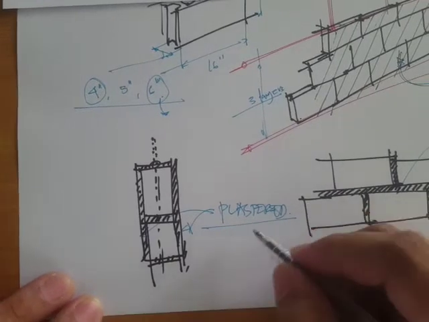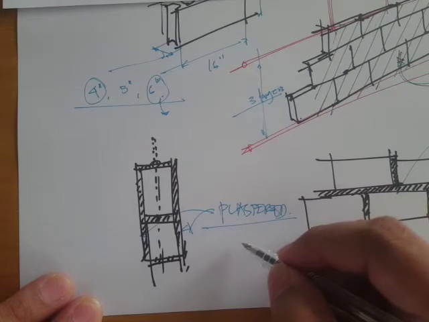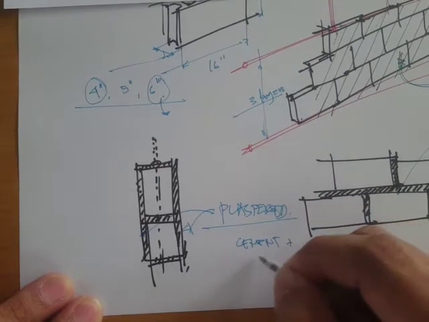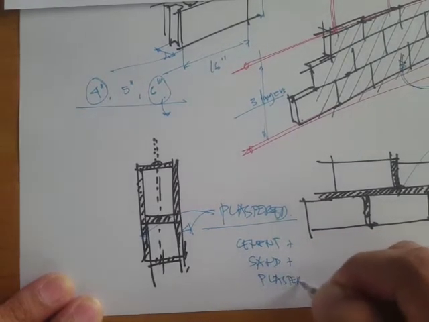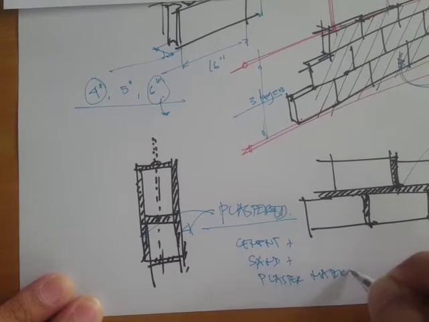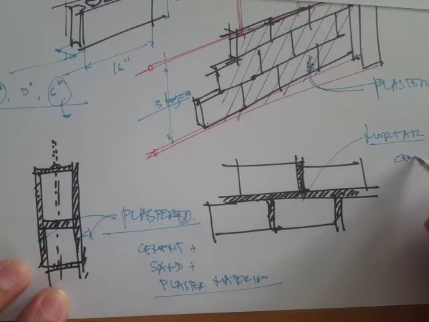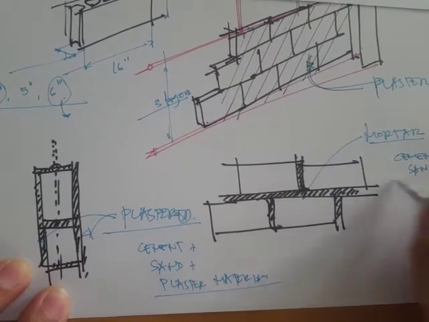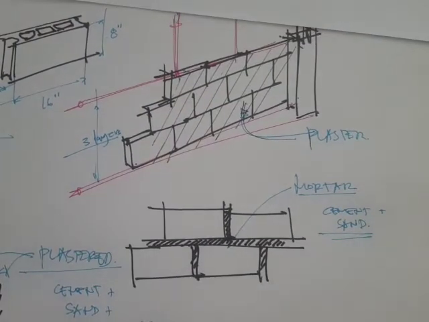Plaster material is basically a mixture of cement plus sand plus some plaster materials. For this, I think this is just cement plus sand. Okay, so that's the CHB wall.